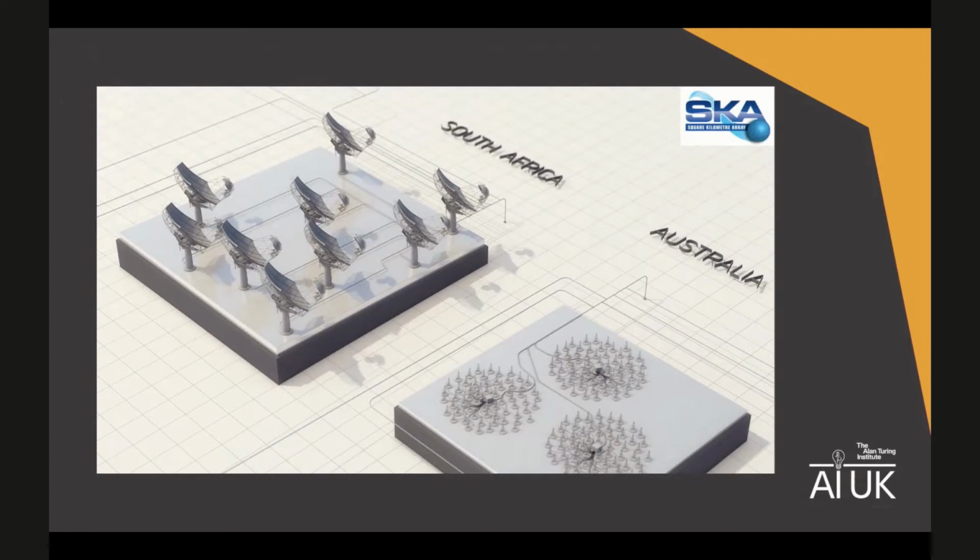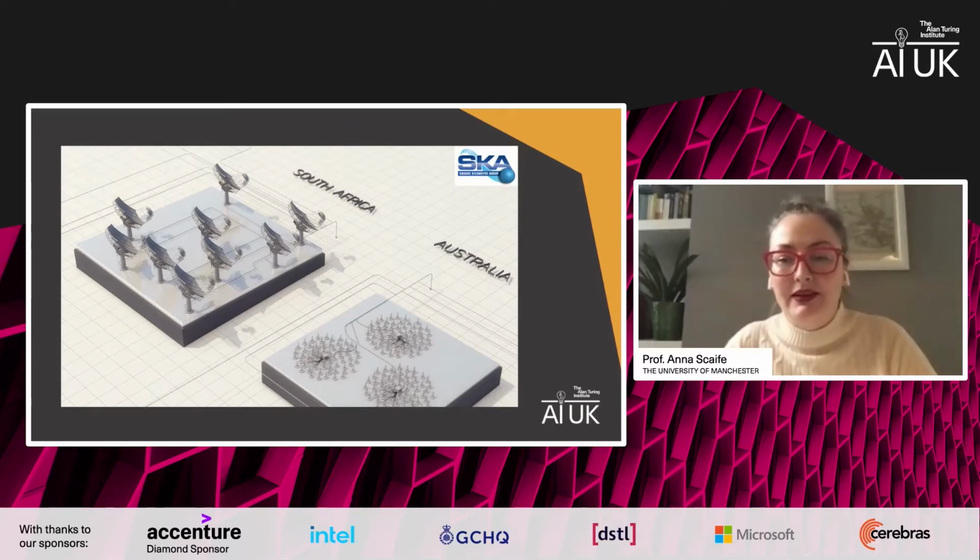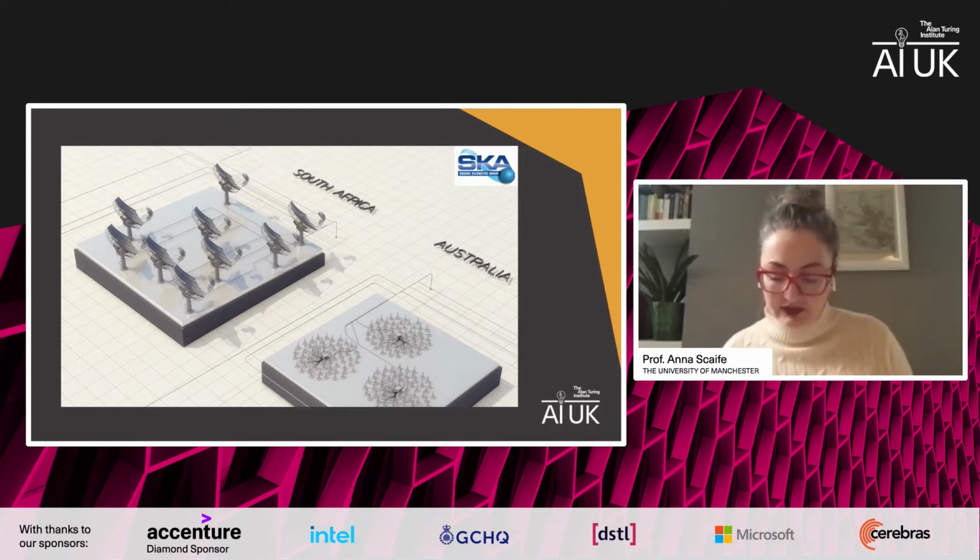If we were to store the full raw data rate, even from just the Australian array, we'd be looking at trying to store 5 zettabytes of data per year. And obviously for good reasons, we're not going to be doing that.